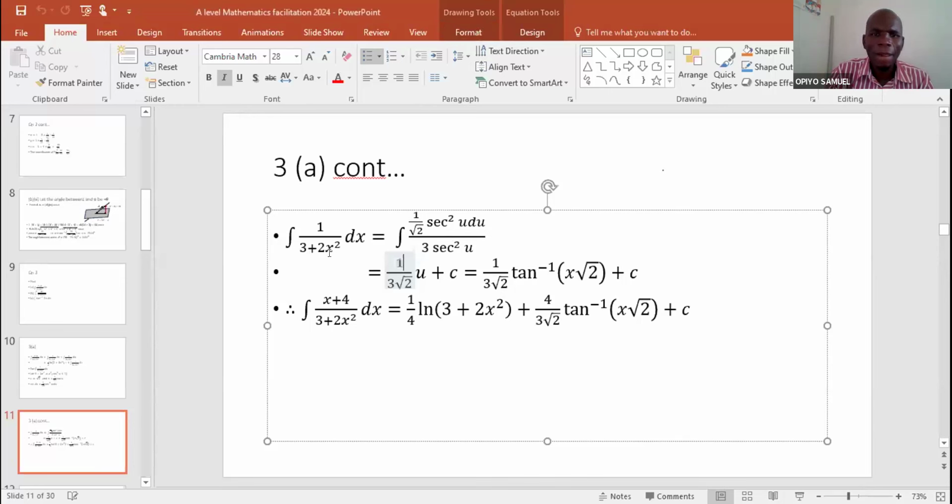Let me hope we are at the same page. Yes. Then if we just let tan of u equal to 2 over 3 x, am I right? Yes. Because the 2 is having a root and the 3, is it? Yeah.